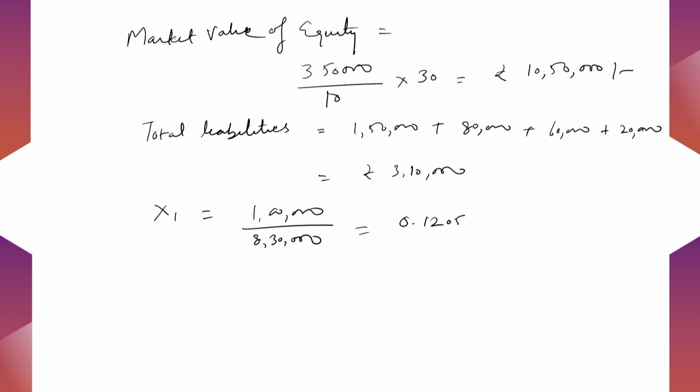It comes to 0.1205. Next we have x2, retained earnings divided by the total assets. We calculated the retained earnings as rupees 1,70,000, divided by 8,30,000. It is 0.205 approximately. Then x3, which is EBIT upon total assets, and we calculated EBIT as 2,20,000 divided by 8,30,000, which is 0.265.